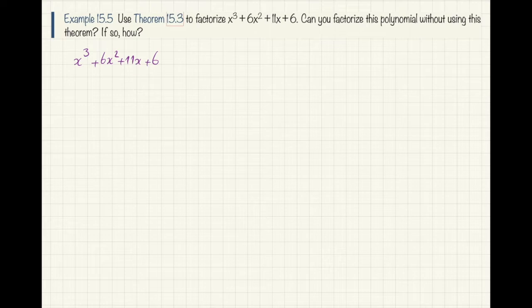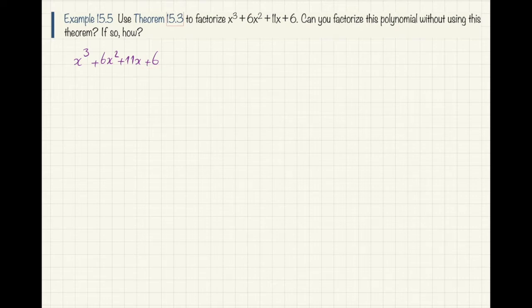Okay, first of all, this is a polynomial with integer coefficients: 6, 11, 6, and 1. All of them are integers. So the previous theorem is actually applicable. If this polynomial is going to have an integer root, that root should be among the factors of positive 6 here.